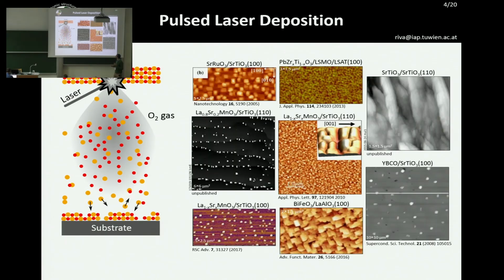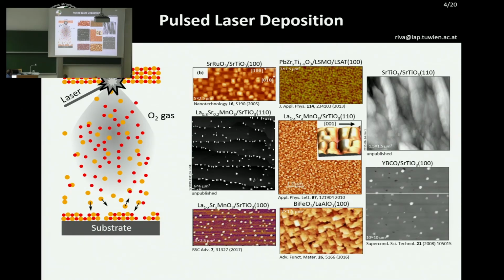And if you do not optimize them all the way, what you end up with is ugly samples. Meaning, typically, you find boulders on the surfaces, and this is not what we want for our STM investigation. You cannot really approach your tip on something that looks like this. It's a bit of a mess.